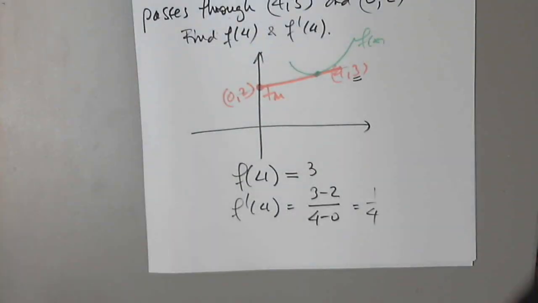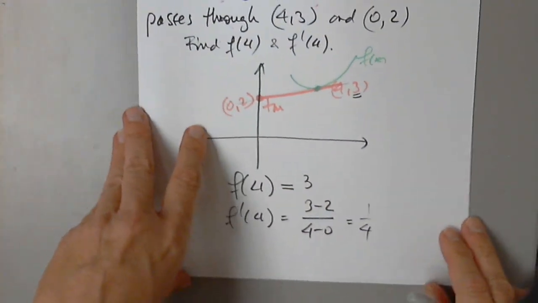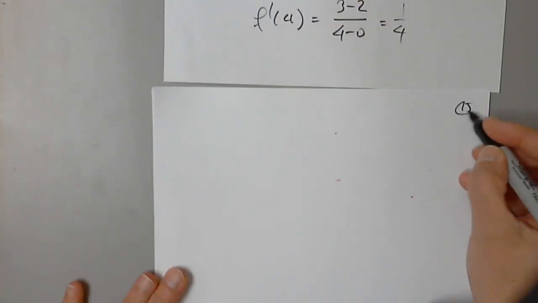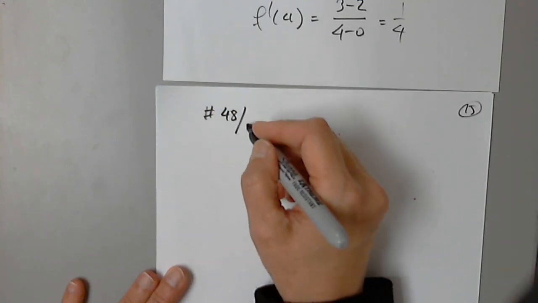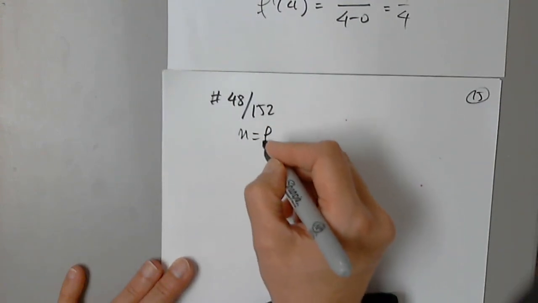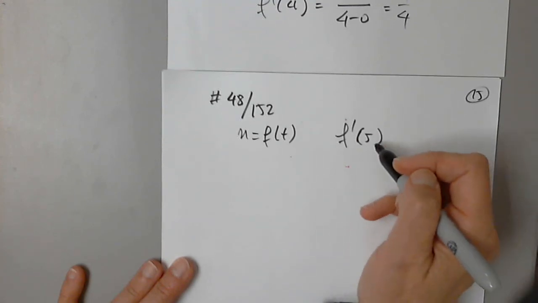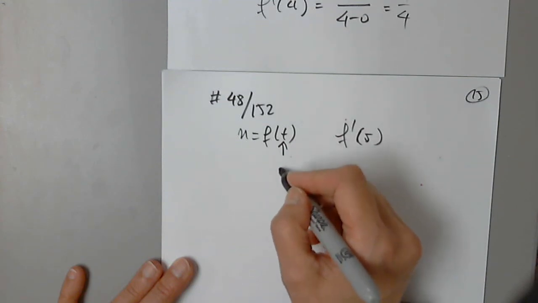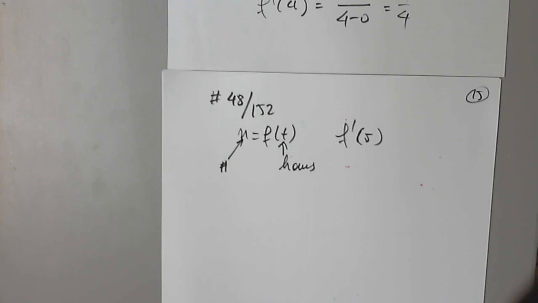So let's write this down. This is problem 48 on page 152. And we have n equals f of t. We're asked to find f prime of t, which is f prime of 5. So t is in hours, and this is the number of bacteria.